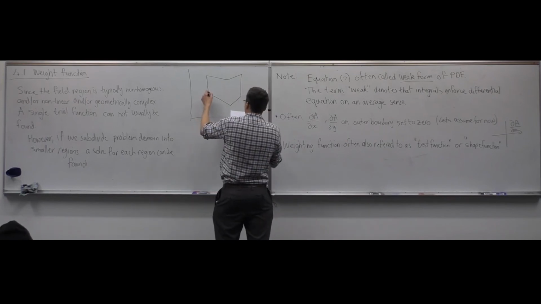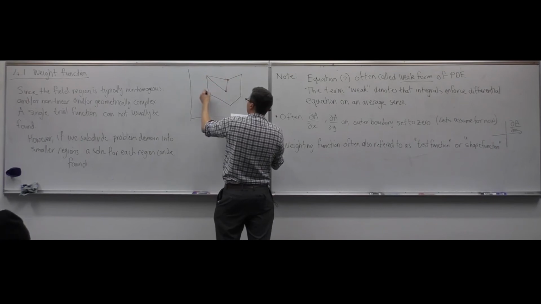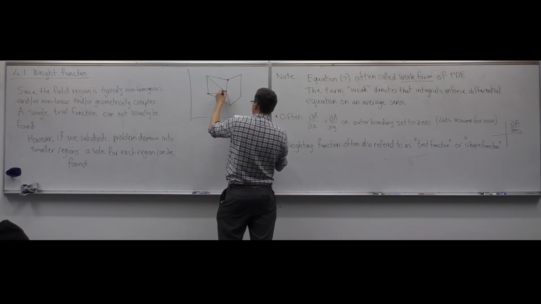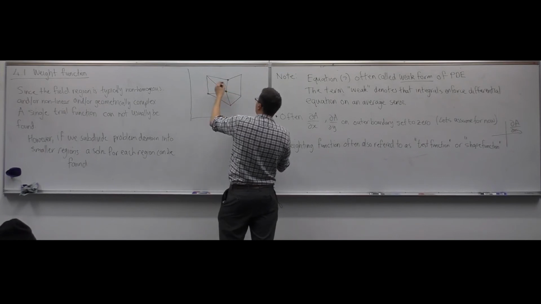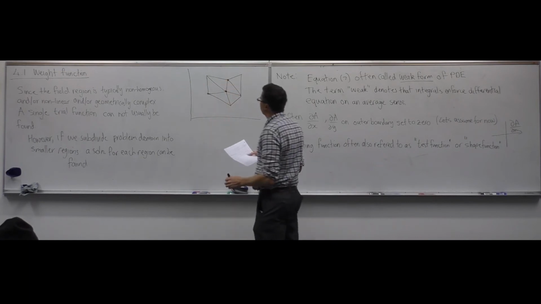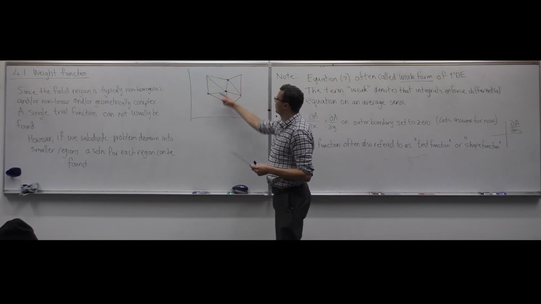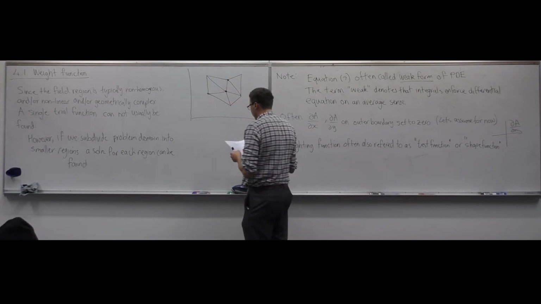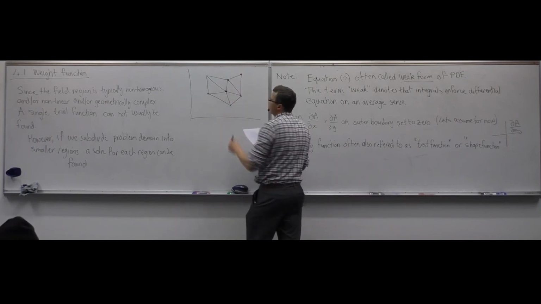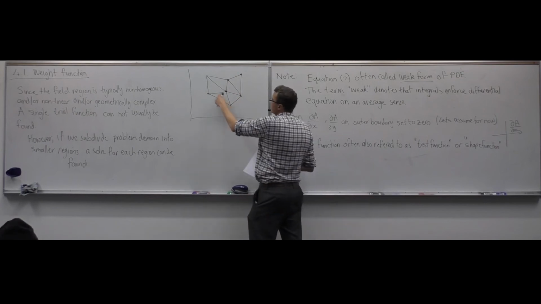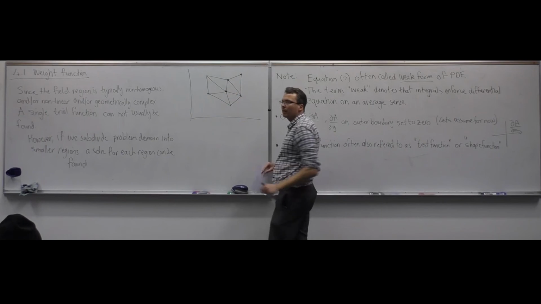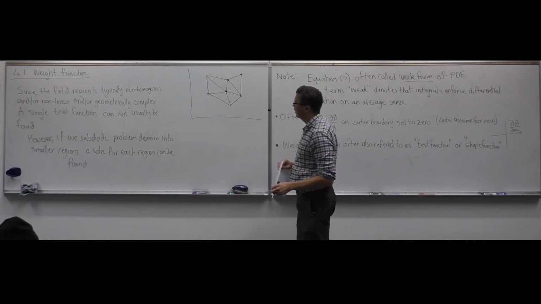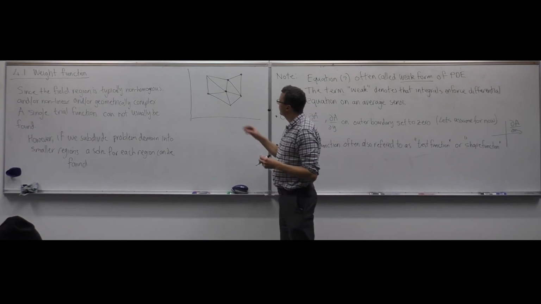So now what we could do is break that up into triangles, something like this. So rather than having one problem region, we now have, what is that, 6. And then we could have a trial function inside each of those triangles, and solve the whole problem with different trial functions.